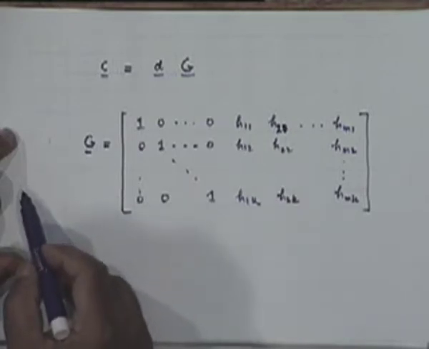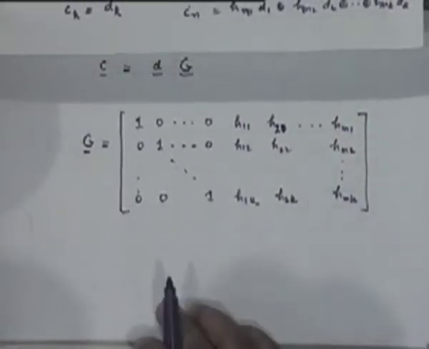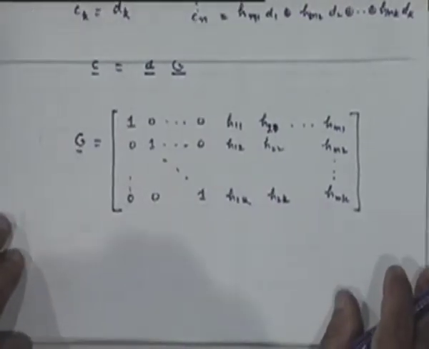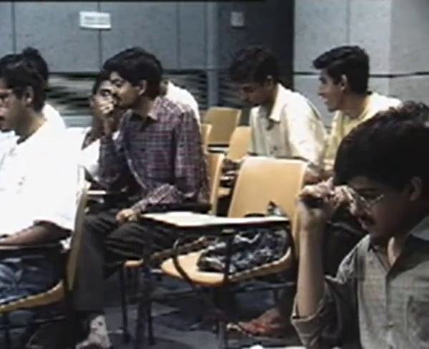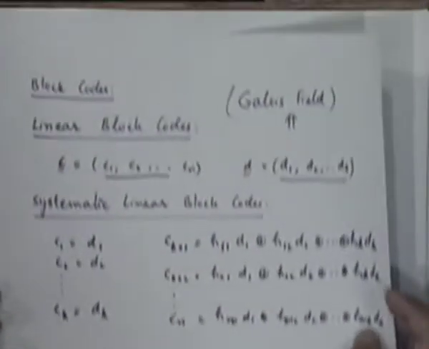Do I need to explain this? Sir, it should be in the column, so it should be below it, because of the structure you have taken. No, I have taken C and D to be row vectors. If they were column vectors, what you are saying would be right.